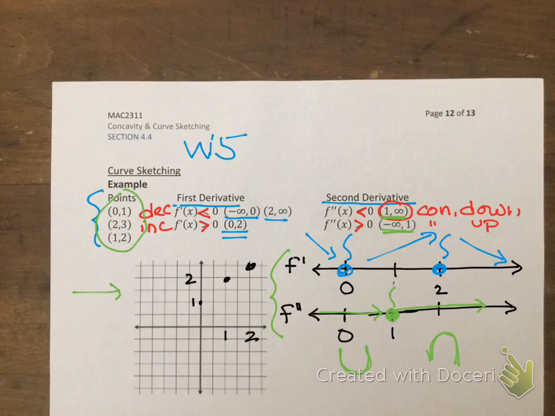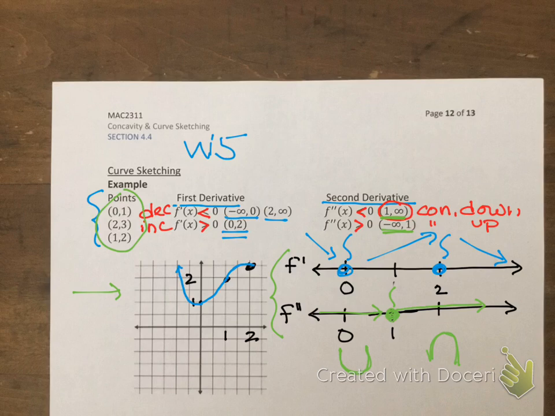So let's see if you did this question right. We are decreasing and concave up until I get to 0. Then from 0 to 2 we are increasing, but we are only concave up until we hit 1. At that point, while we're still increasing, we are concave down.